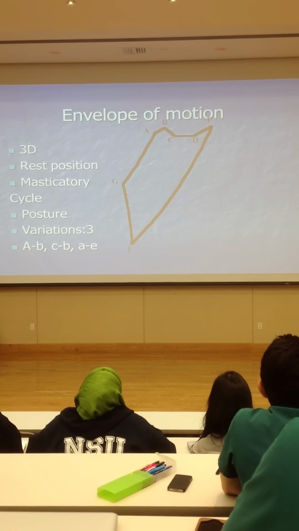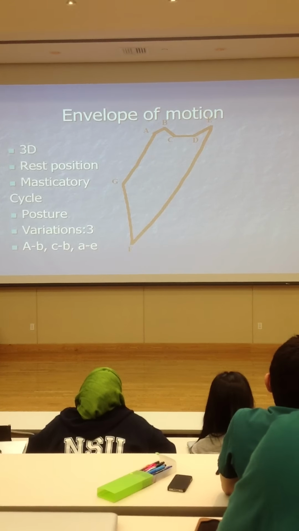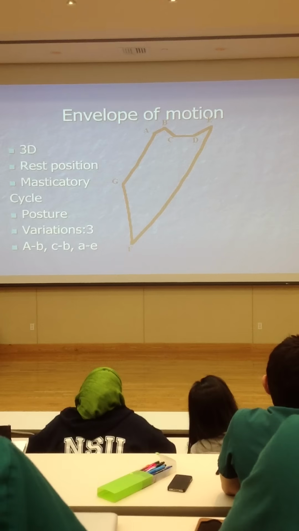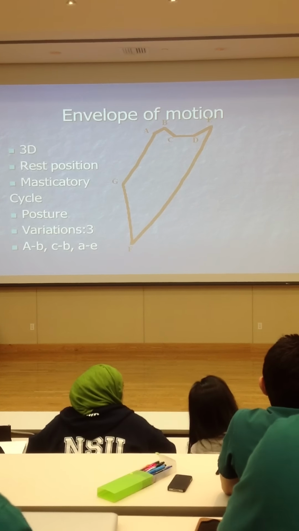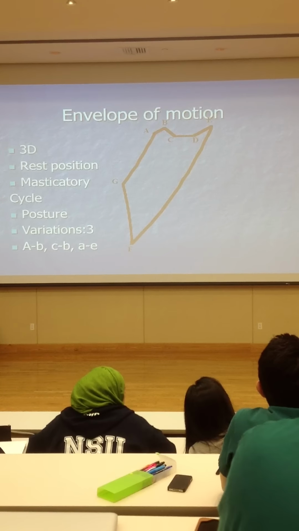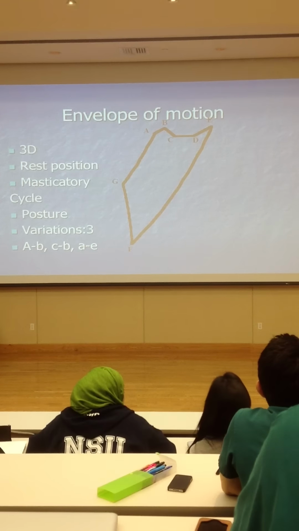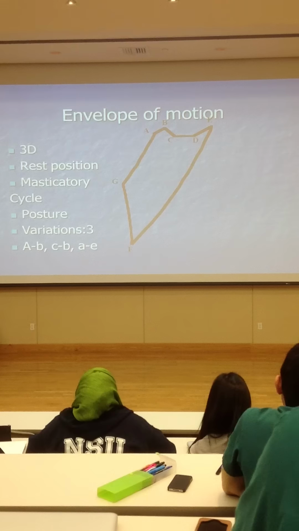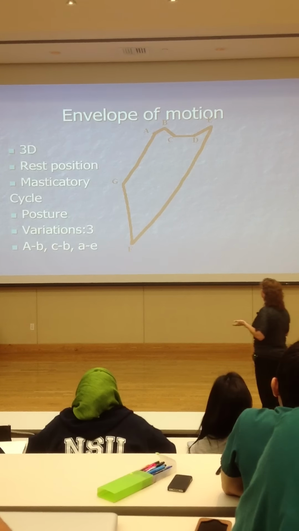Couple of things. This is only one view of this envelope of motion. An envelope of motion talks about the whole range of extreme movements. Okay? Where is rest position? A, B, C, D, or none of the above?